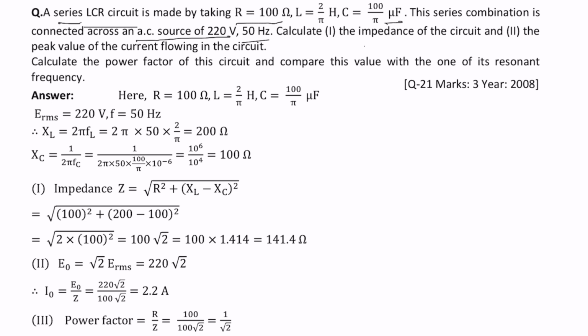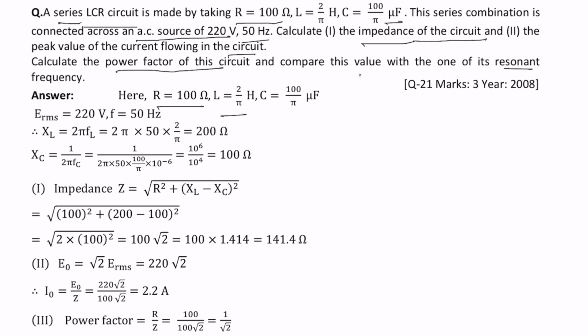Calculate the total resistance, meaning impedance, of the circuit and the peak value of the current flowing in the circuit. Calculate the power factor of the circuit. Compare this value with the one at the resonant frequency. It's a very good question. By solving this numerical, we will also clear our theoretical understanding. So what is the given information that we will write first.